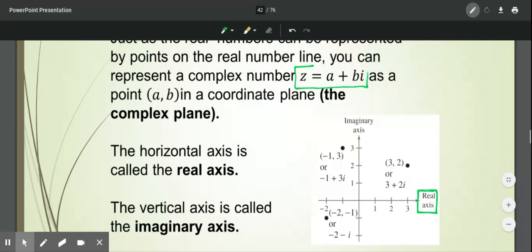So if the complex number is a plus bi, the real part is your a, and the imaginary part is your b. So if you have a complex number a plus bi, then if you needed to plot it, it's just a point. You would just plot the same way you plot a point, where a is on the x-axis and your b is on the y-axis, but now the y-axis is like your imaginary axis.